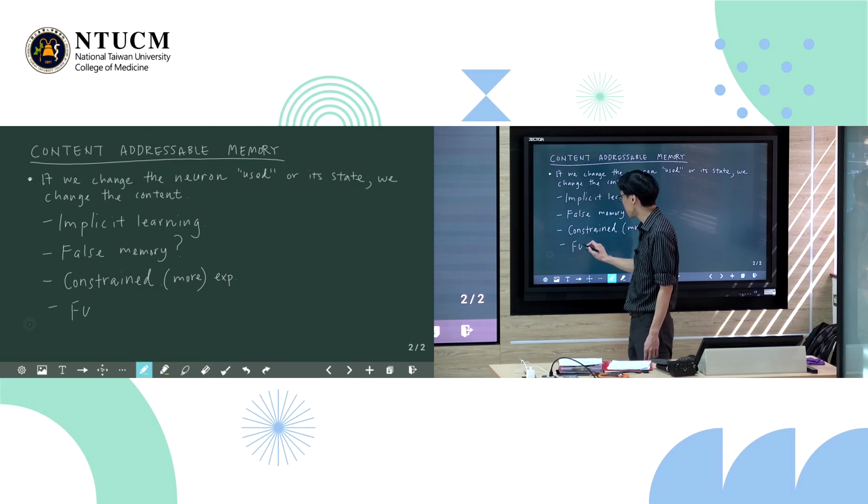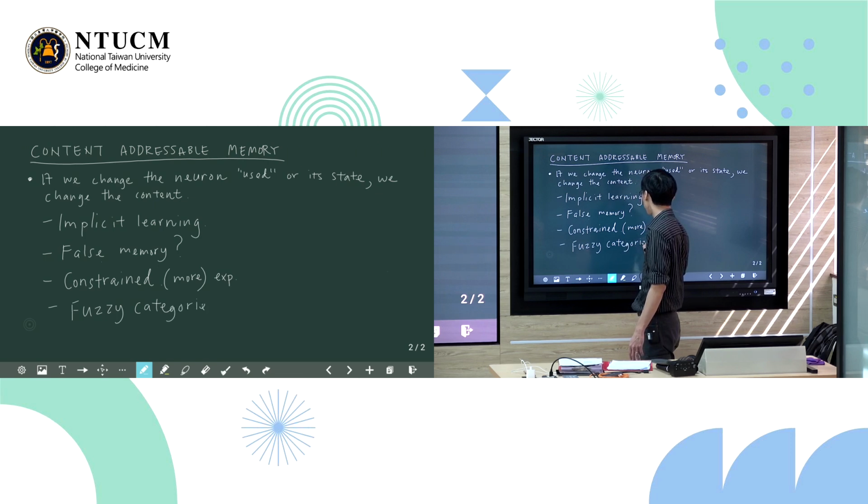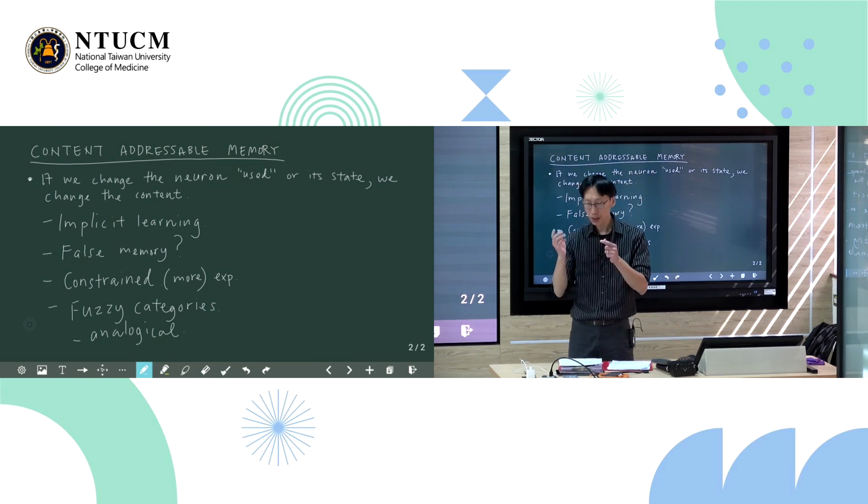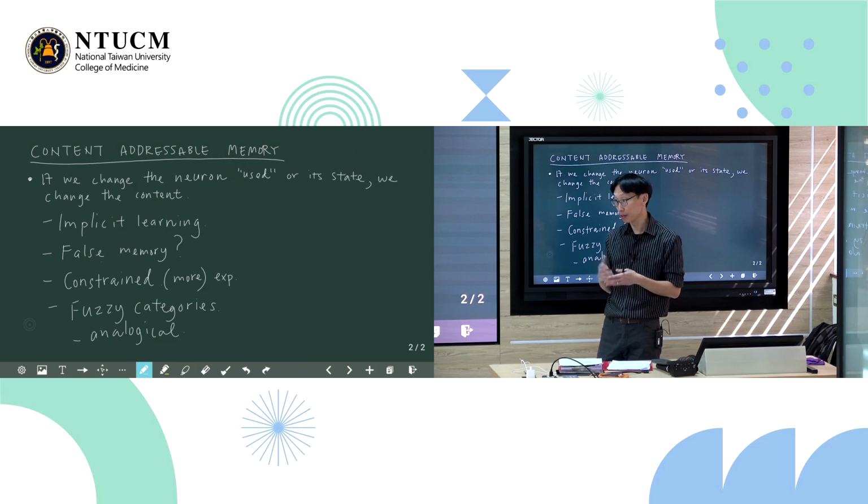We call this fuzzy categories, or analog. Analogical. Yeah. Okay. Index memory is algorithmic.